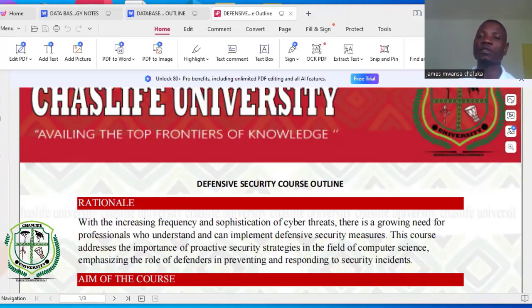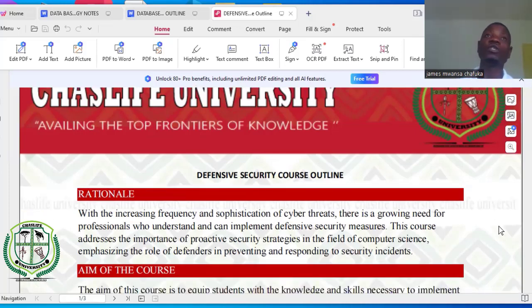Under the defensive security course outline, we shall look at the rationale, and then the aim, and later on the objectives, the modules, the course materials, and everything that is needed in this course outline. So we shall also talk about the objectives, and then later on the units.